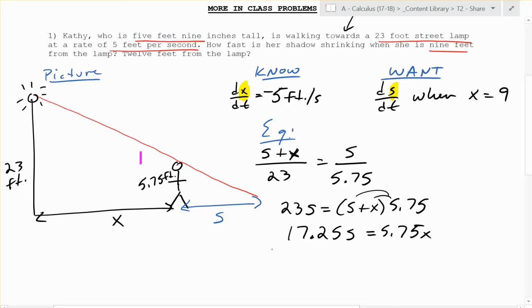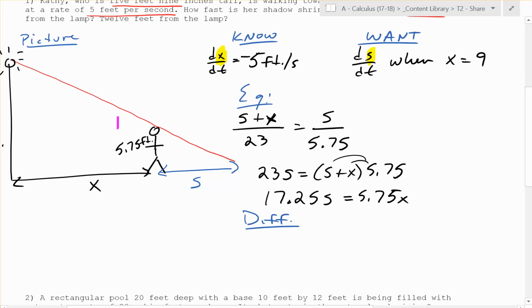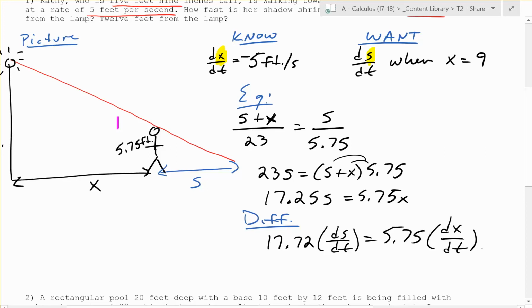After we have our equation, we need to differentiate. So when we differentiate this, we end up with 17.25, not an S, ds/dt, because we're doing it in terms of t, is equal to 5.75 times dx/dt. And which one do we want? We want ds/dt.